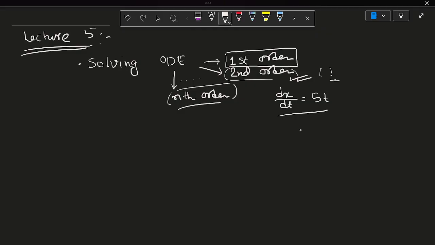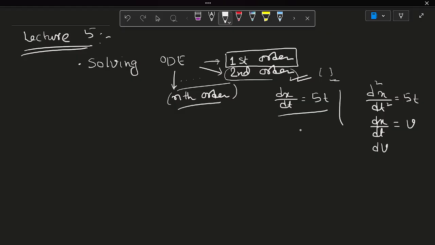This is easily solvable, and there can be second order equations also. So d²x/dt² equal to 5t. How can you write it? You can write dx/dt equal to another variable, v.